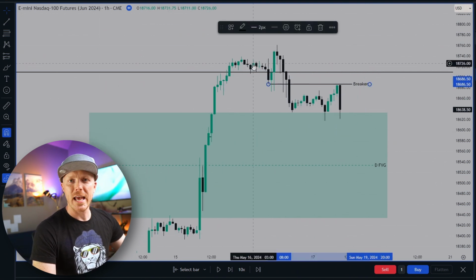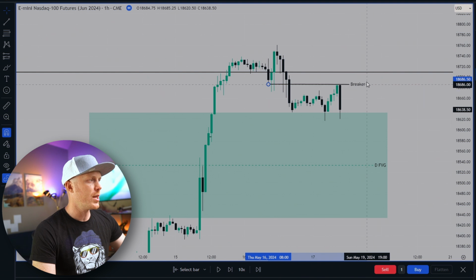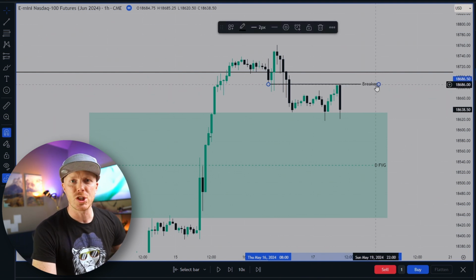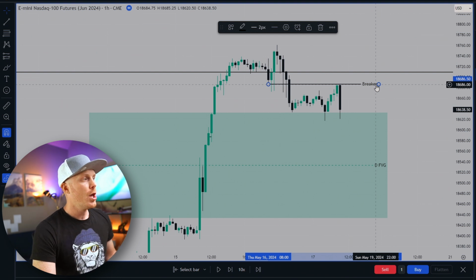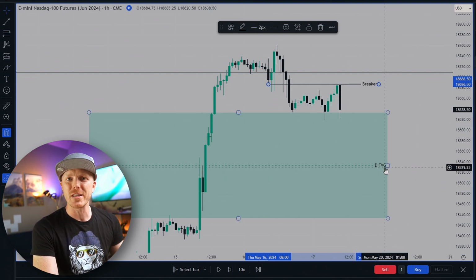Now we see this actually form before the market open, where we see these highs, a low, and a higher high. And then we see price break down below that, where we want to start watching this level right here. Now, it could be a breaker, it could be a mitigation block, it could be a fair value gap. We are trying to determine how is price going to get down into this fair value gap.